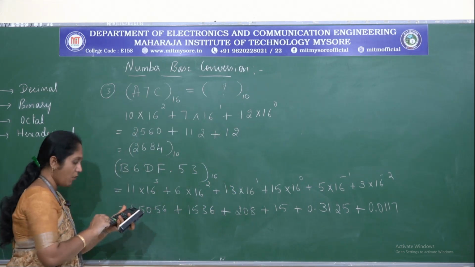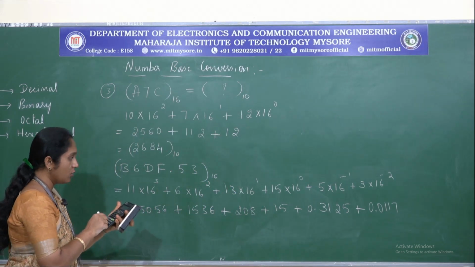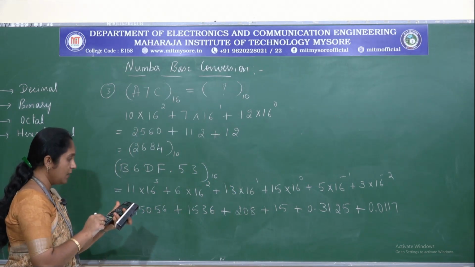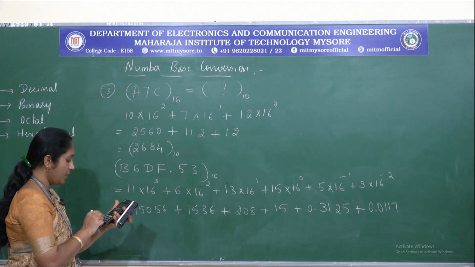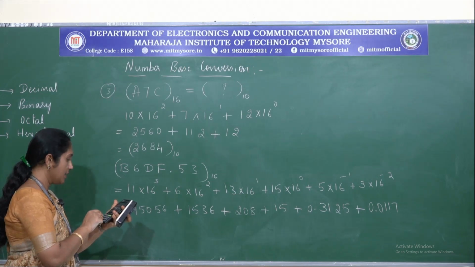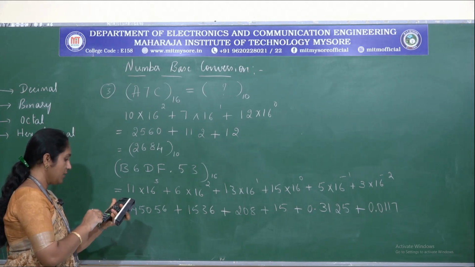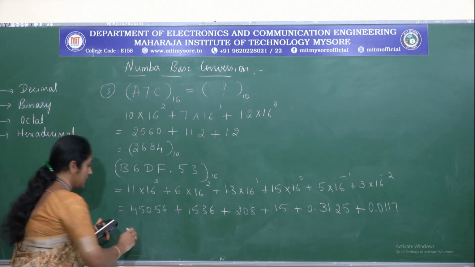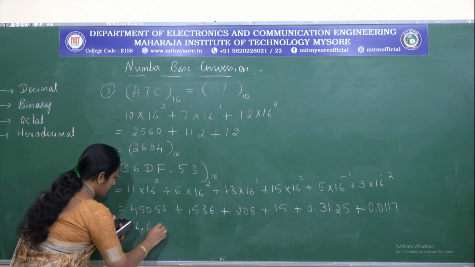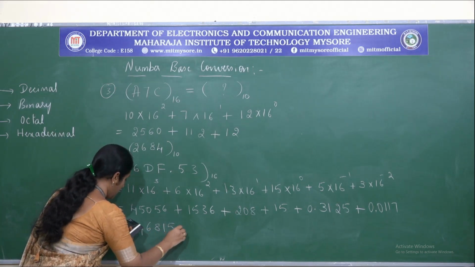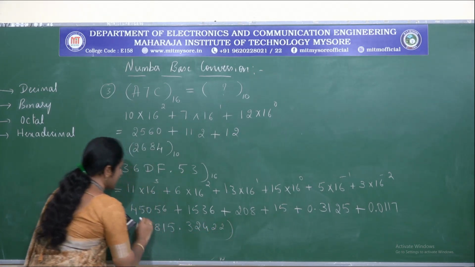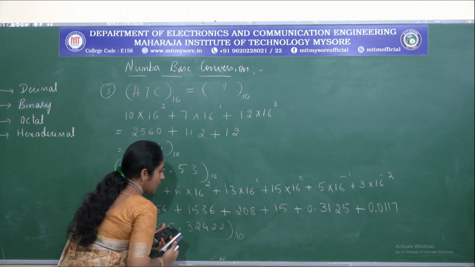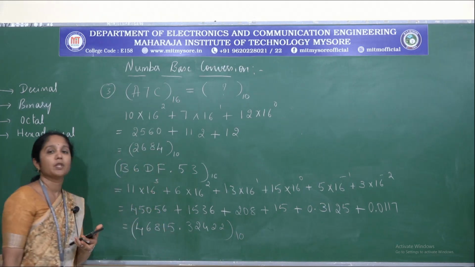Now let us see the sum of all this. 0.125 plus 15 plus 208 plus 1536 plus 45,056. Yes, the answer is 46,815.32422. Yes, this is the equivalent in decimal number system.